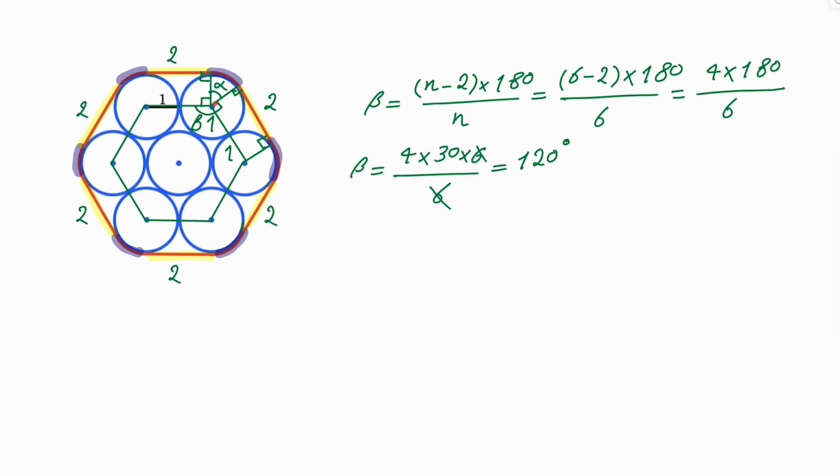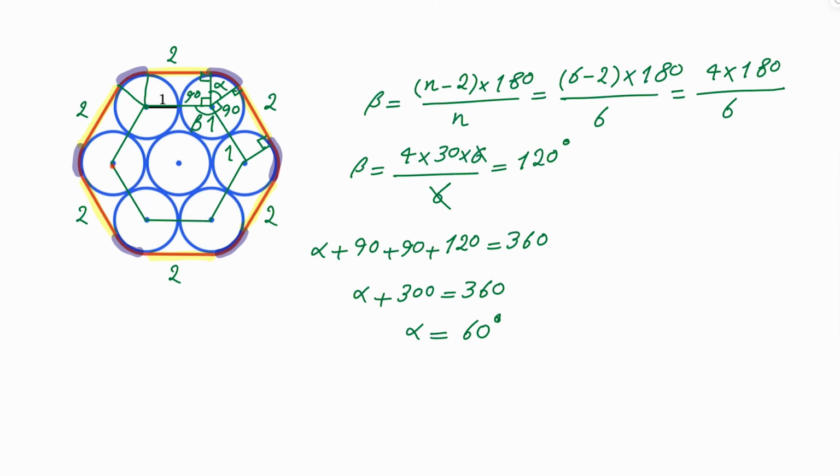So we can write the sum of these angles around this point. We have alpha plus 90 plus 90 for both these right angles, plus beta, which is 120, and should sum to 360 degrees. So if we simplify, alpha plus 300 is equal to 360, and if we subtract 300 from both sides, we will get alpha is equal to 60.